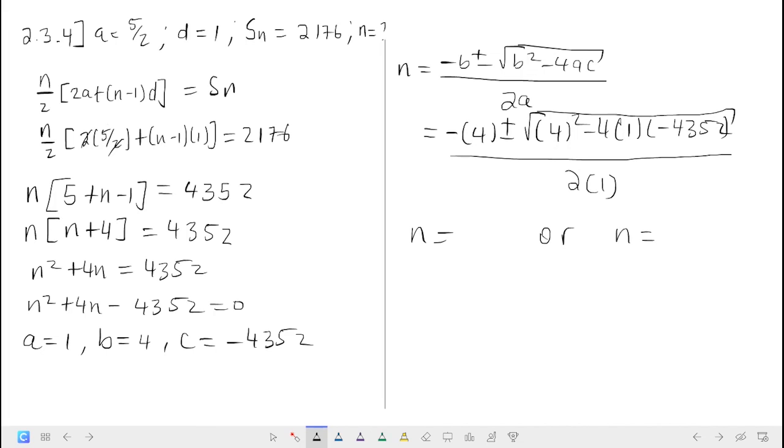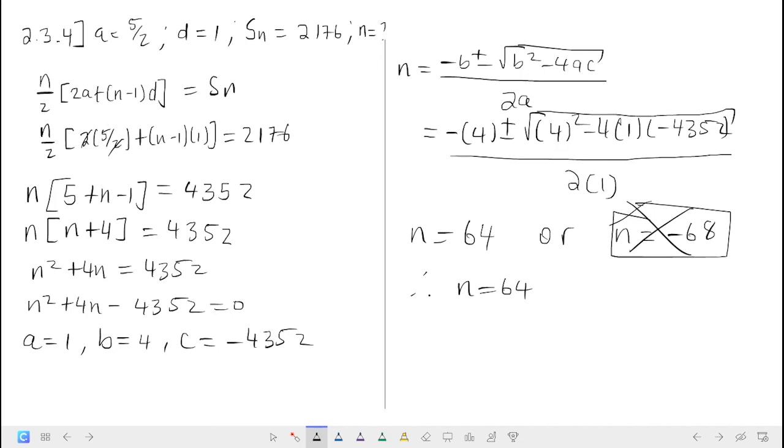Pressing this on your calculator, you get two solutions. The first solution is n equals 64, and the second is minus 68. But n can never be negative, so n is equal to 64. This is the sum of 64 terms in the first differences.